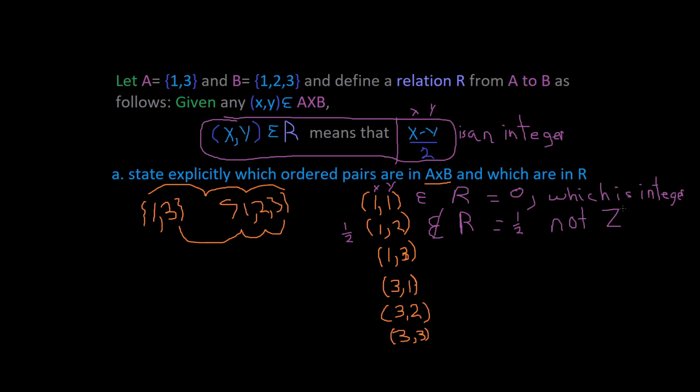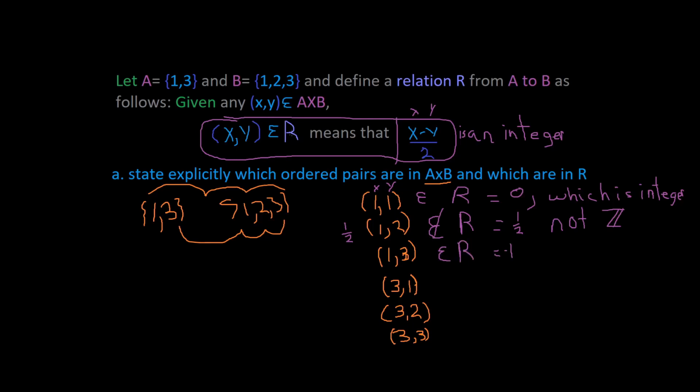And sometimes the integer sign has these double lines. It's just the same thing. And so now we put 1 minus 3, which gives us negative 2. So this equals negative 1. And so that is an element in relation to our function.